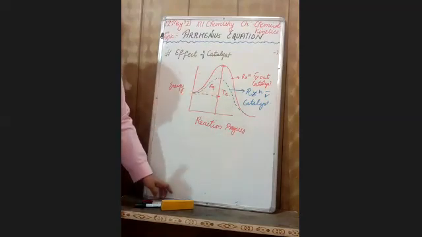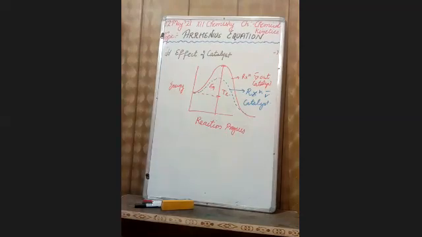Some important points about catalyst. A small amount of catalyst can catalyze a large amount of reactant. Second, catalyst only catalyzes spontaneous reactions which can occur in nature. It cannot catalyze non-spontaneous reactions.